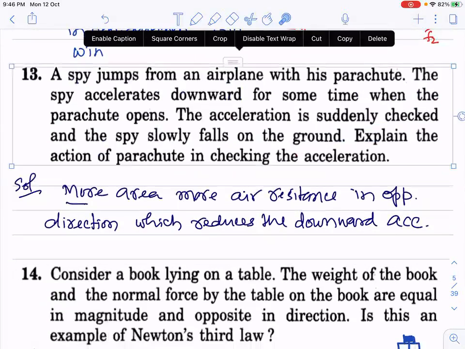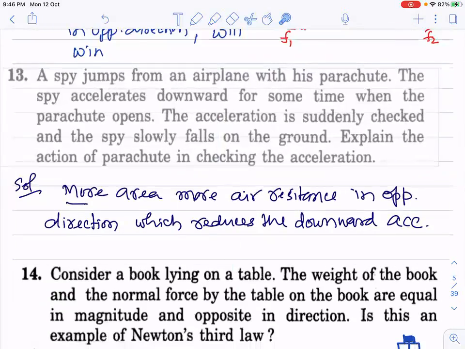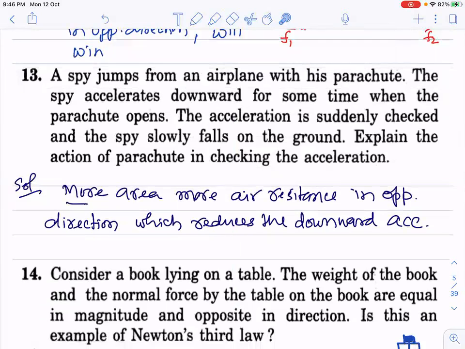13th, a spy jumps from the aeroplane with his parachute. The spy accelerates downward for some time. When the parachute opens, the acceleration is suddenly checked, and the spy slowly falls on the ground. Explain the action of the parachute in checking the acceleration.